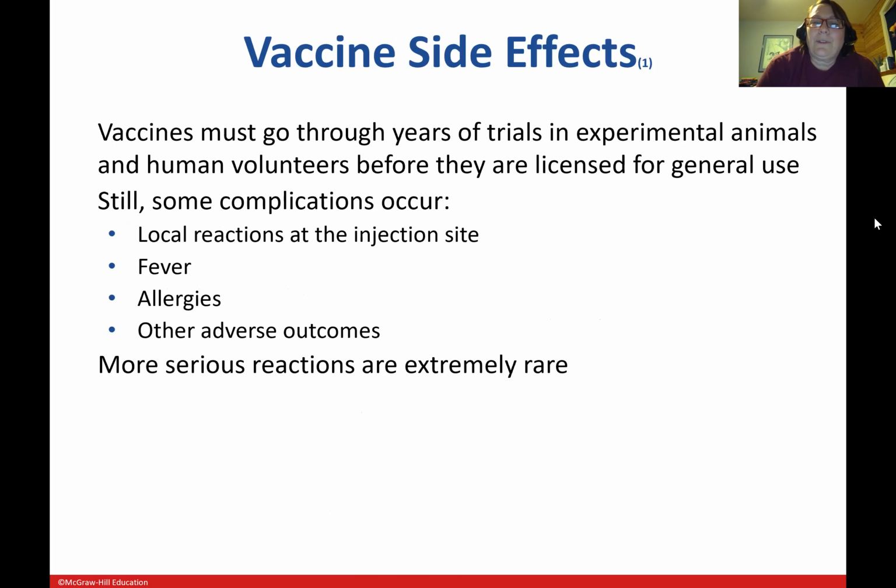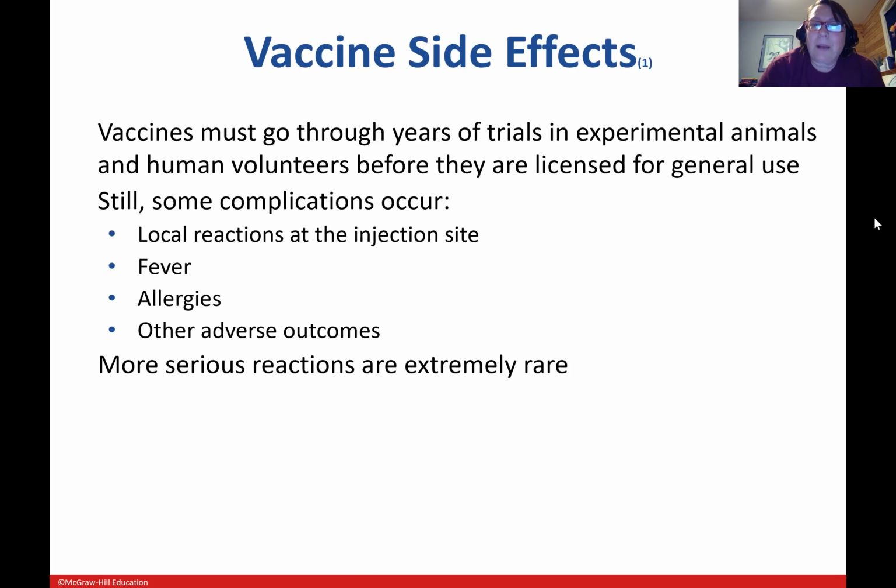Okay, so vaccine side effects. Vaccines, like any other drug, have to go through a whole series of steps before they're released to the public. They go through trials in animals, and then they have human volunteers, and it's a while before they're licensed for general use.